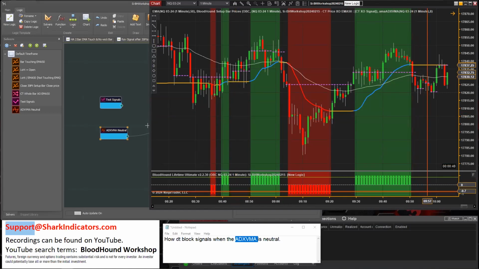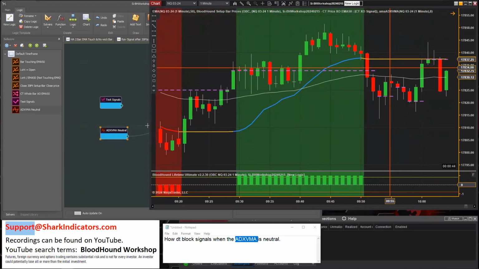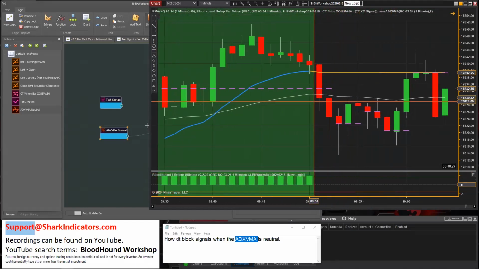Right? So you could try and use the slope solver and say, okay, when this moving average is flat, you know, that's neutral. But as you can see, sometimes it's not always flat. If I keep stretching this out, we can see there's a little downslope here.